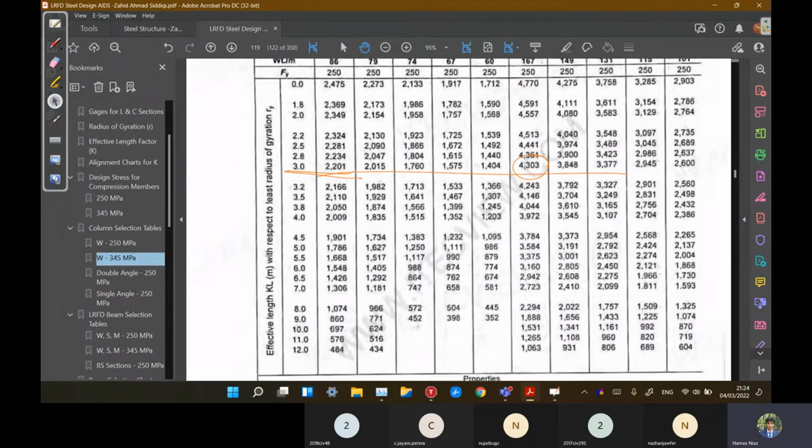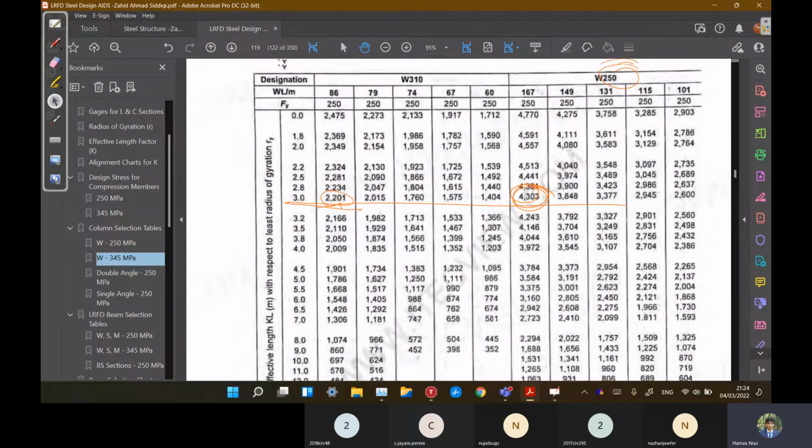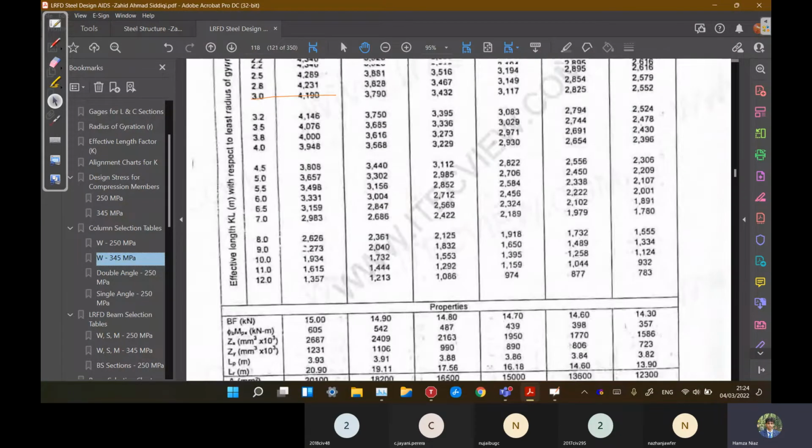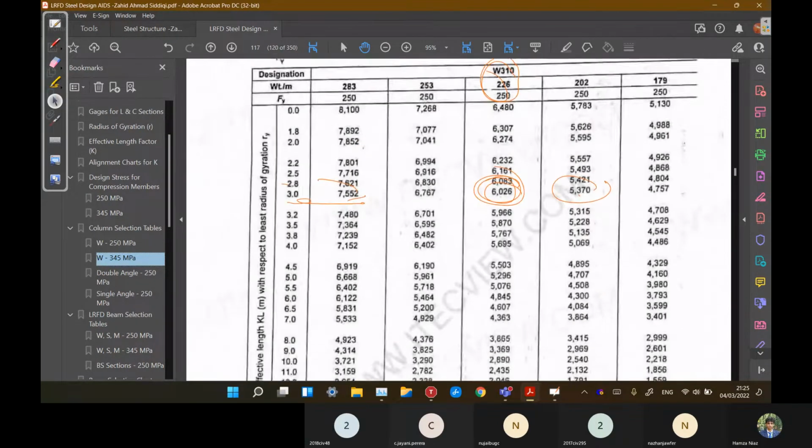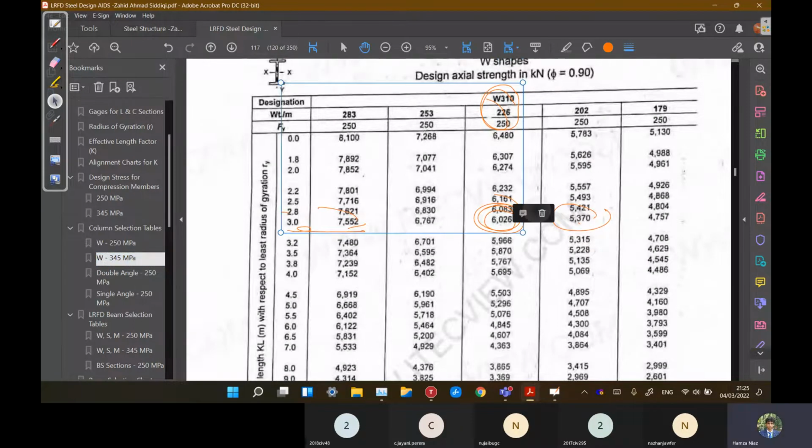At 3 meters there was a 4000 value here, but still not about 6000. We require about 6000 kilonewtons. So at 3 meters we have 4100. And here at 3 meters we have 6000.